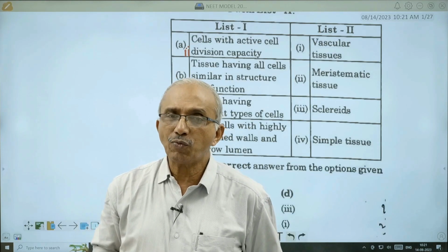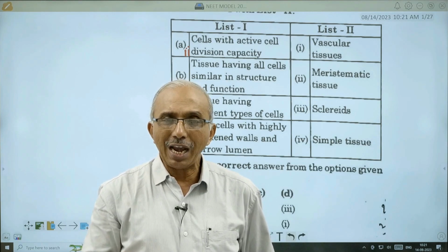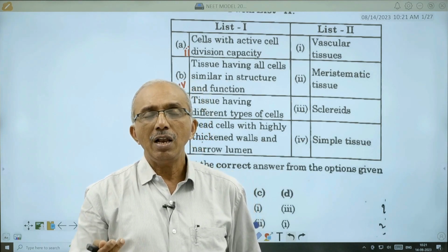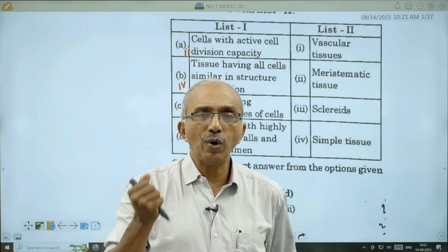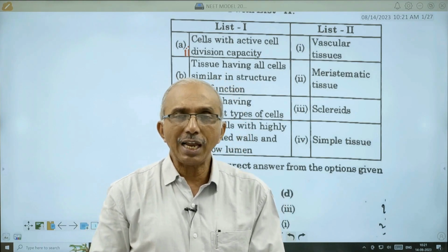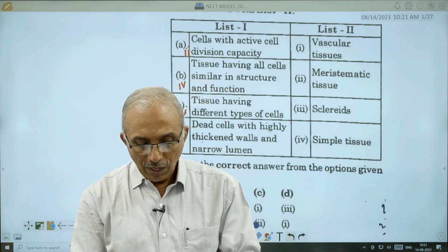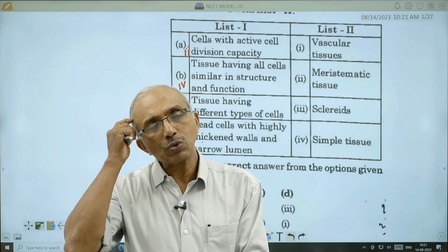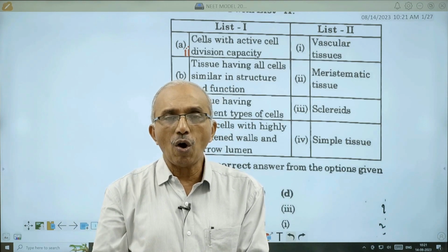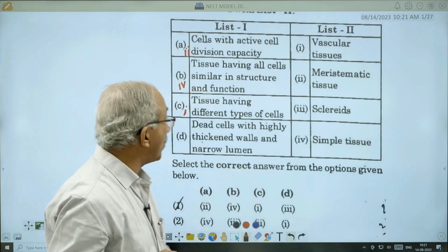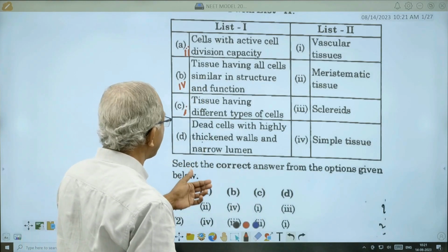Phloem has 4 types: sieve tube element, companion cell, phloem parenchyma, phloem fiber. So both xylem and phloem constitute the vascular tissues, consisting of different types of elements, different types of cells.